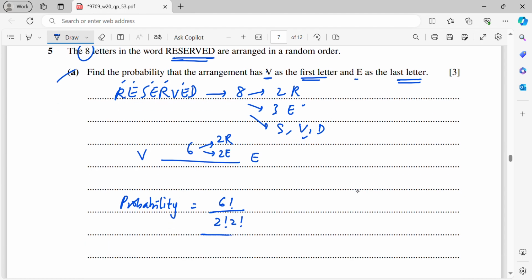Then divide by, in general, 8 factorial because 8 letters, but out of 8 letters I have 2 R's and 3 E's, so divide by 2 factorial and 3 factorial. This will be my working. And then you will be getting 180 divided by 3360, which is 3 over 56. So that's the solution of 5A.